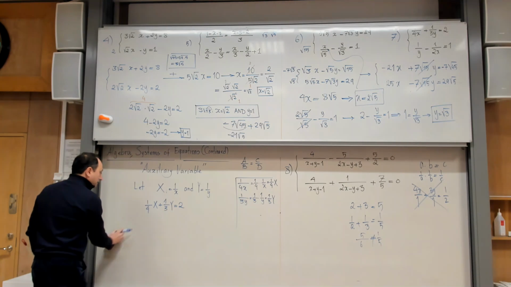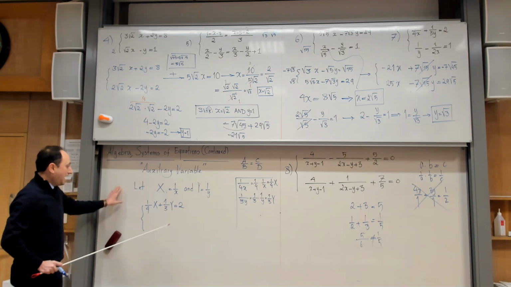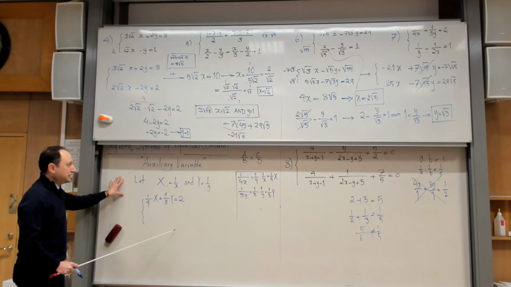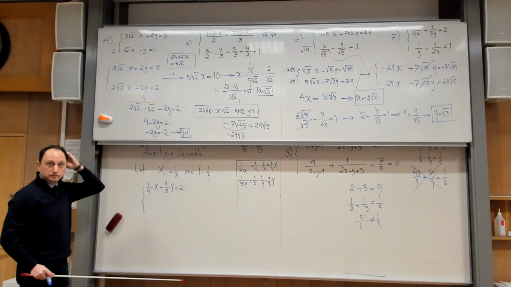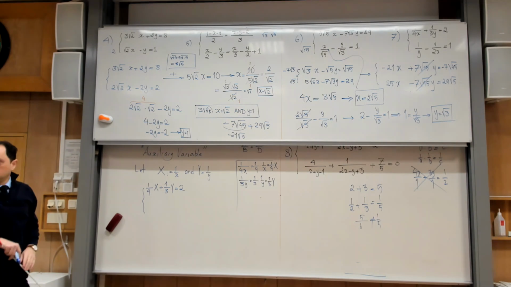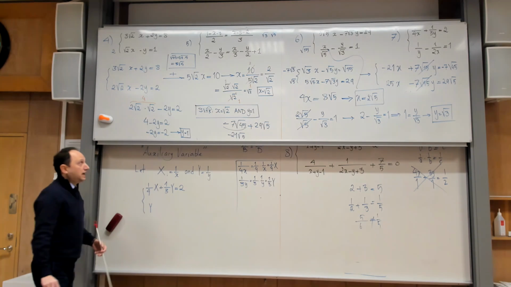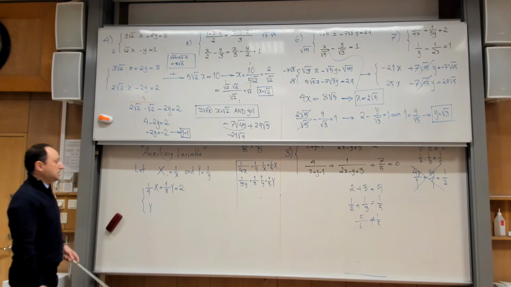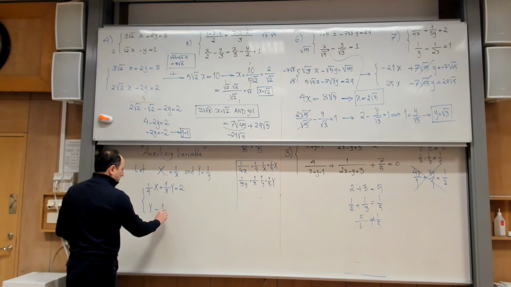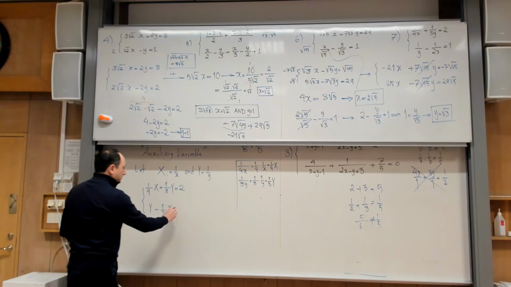Can you help me, without explanation, how the second equation will read by this trick? What does 1 over Y become? Capital Y, and the second one becomes -1/2 capital X is equal to 1.